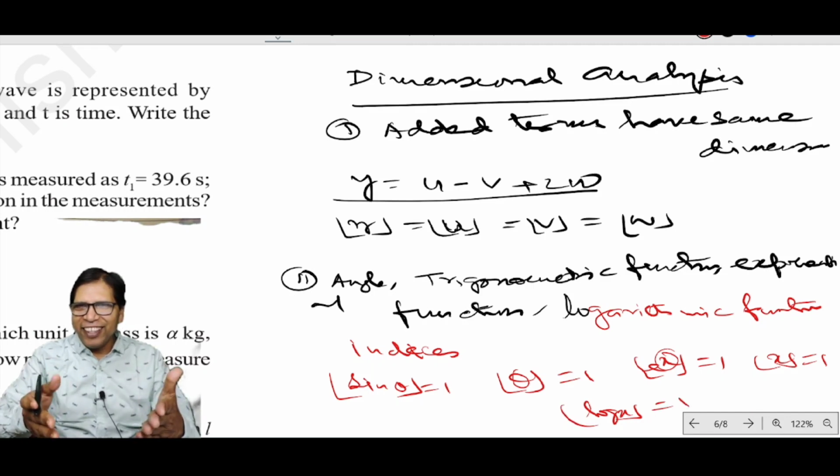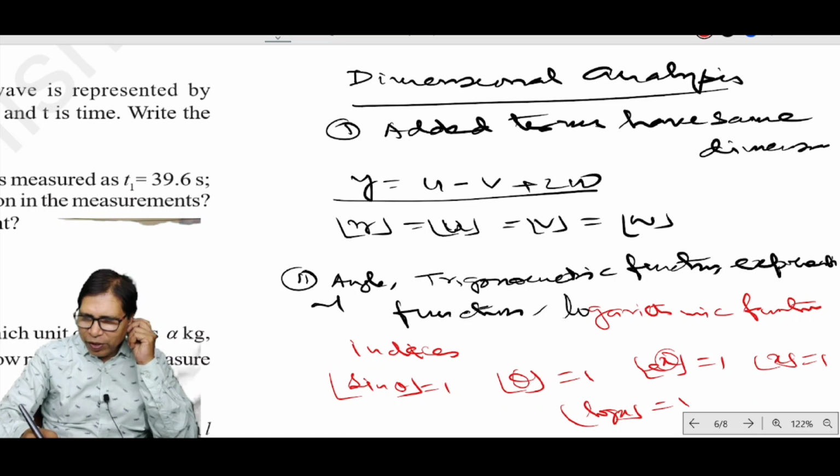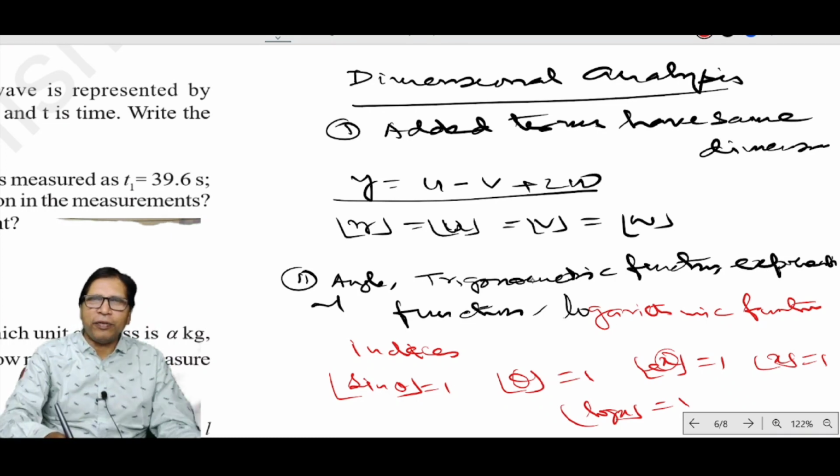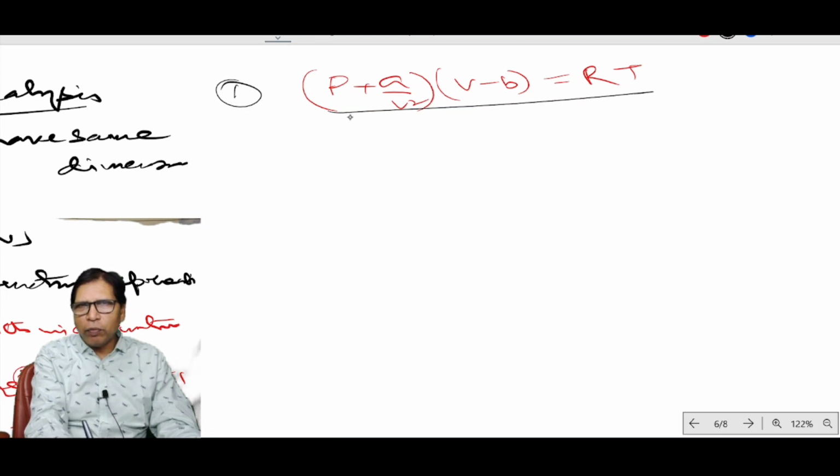Okay, understood. Now a numerical. This is the van der Waals equation for 1 mole of a gas: P plus A by V square into V minus B equal to RT.